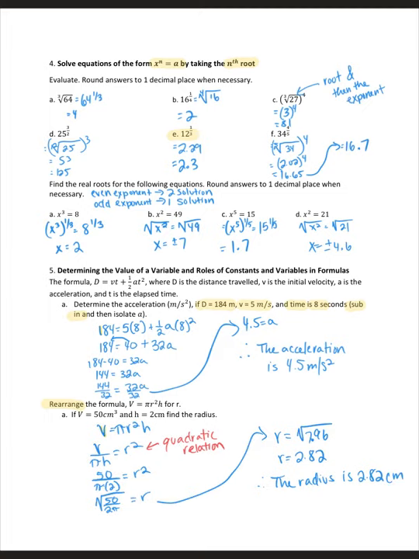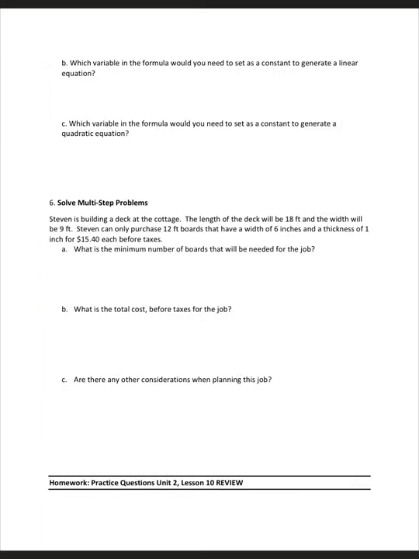Okay, so let's take a look at the role the variable constant play when we're working with formulas. Which variable in the formula would you need to set as a constant to generate a linear equation? Remember, our formula was V equals pi r squared h.